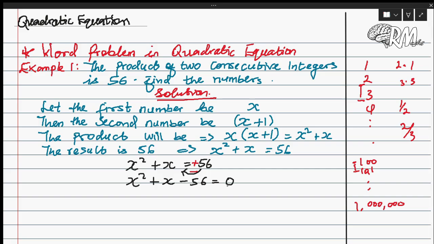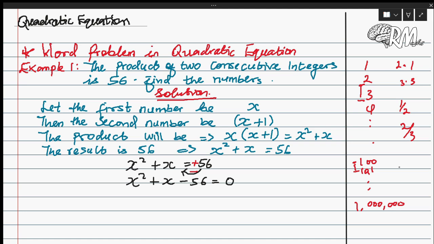Now the next thing is for me to look for two numbers, whereby if I multiply the two numbers, I'm going to have minus 56, and if I add the two numbers, I'm going to have 1. From what I've taught you in factorization, you should be able to do this.